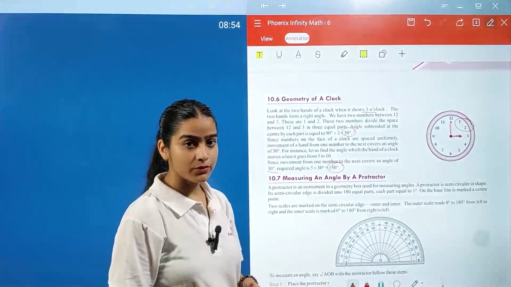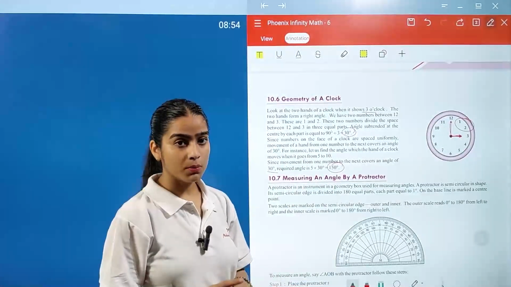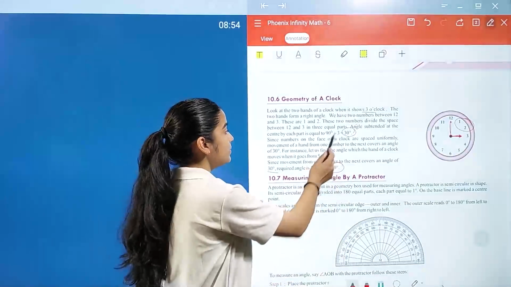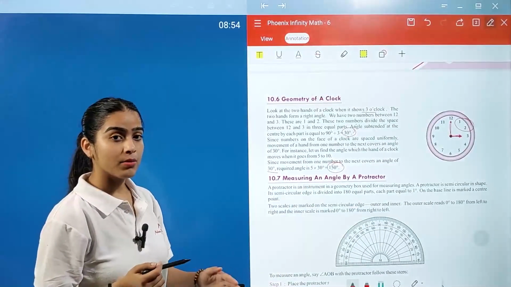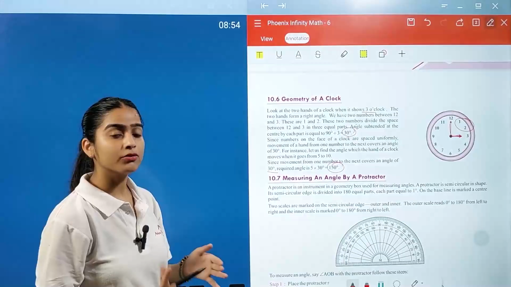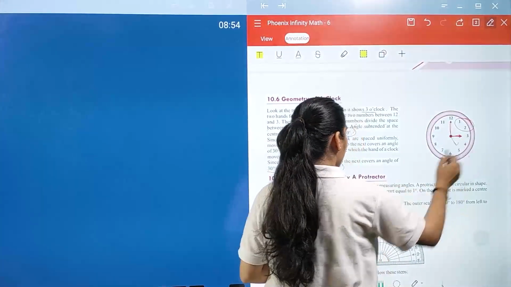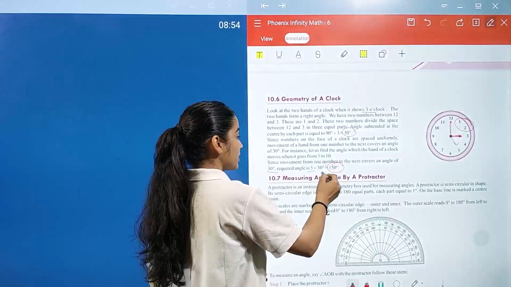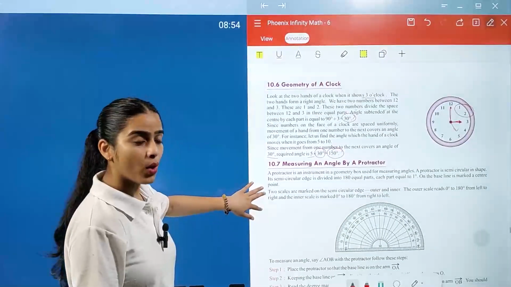So we have to divide the 90 degree angle by 3 because it is divided into 3 equal parts. When we divide 90 by 3, we get 30. It means that by moving to each next number we make an angle of 30 degrees. So if we want to move towards 5, we have to multiply 5 by 30 and we get our angle measurement, which is equal to 150 degrees.